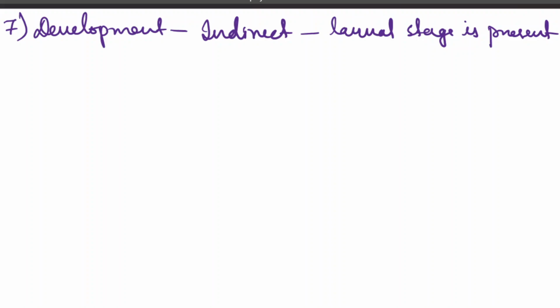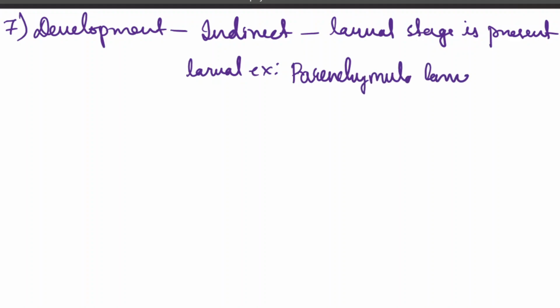The larval examples are parenchyma larva, pre-pula larva, and next is amphiblastula larva.